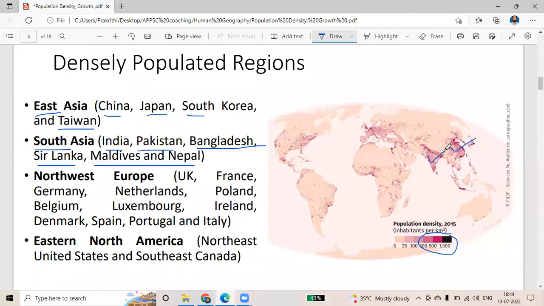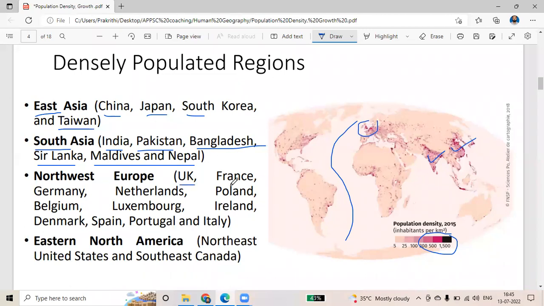Then the northwestern Europe. Northwestern Europe means the area facing the Atlantic Ocean, mostly this area, the north and western side of Europe. This whole area is Europe and this area has high population density. So the third most densely populated area is northwestern Europe.